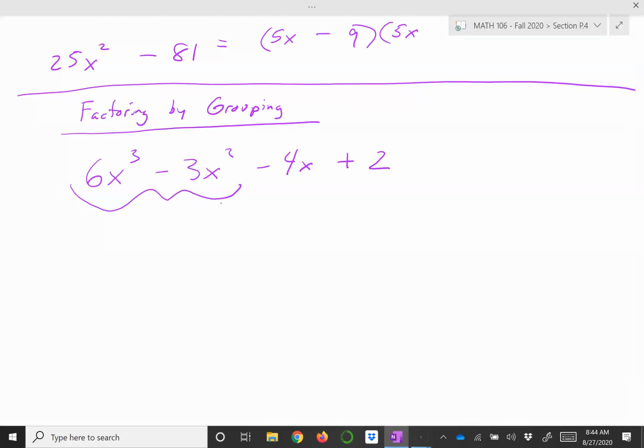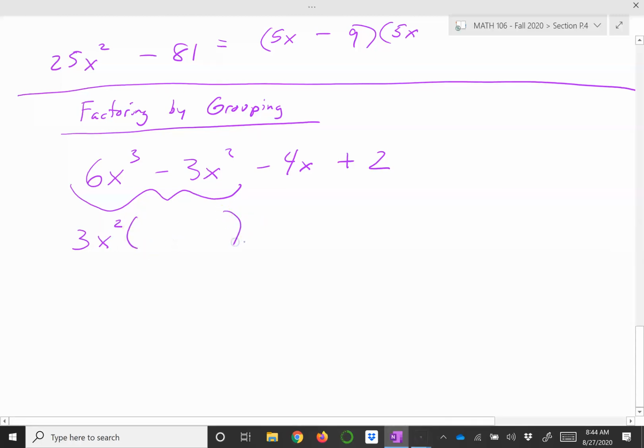Does that have a GCF? What would it be? 3. So that's the coefficient. Now what's the lowest degree of x? x squared. All right, so now let's factor just those two terms with that GCF.